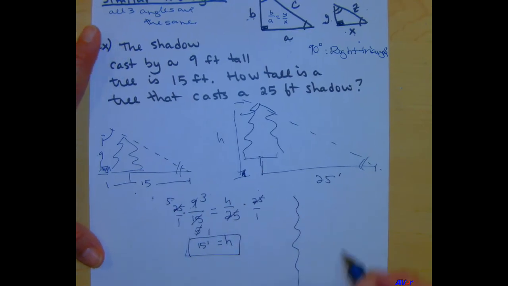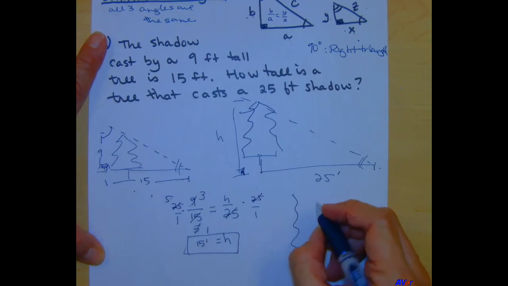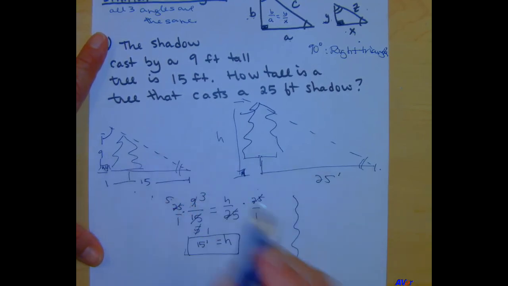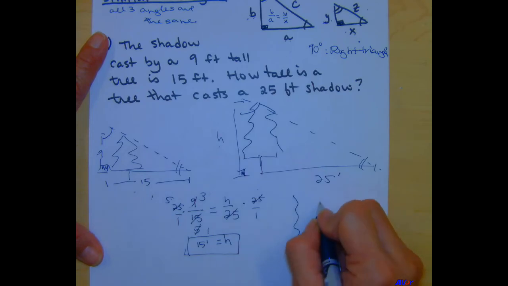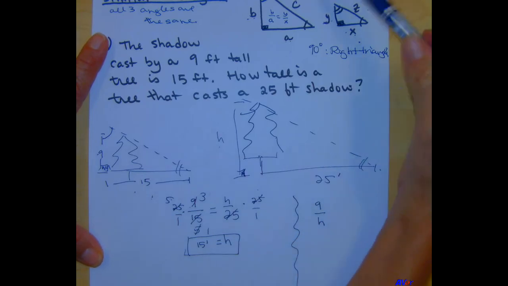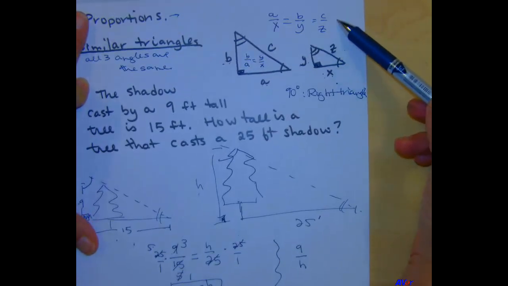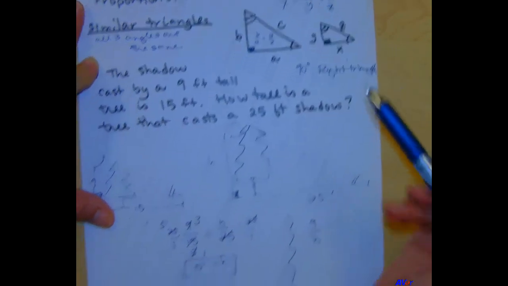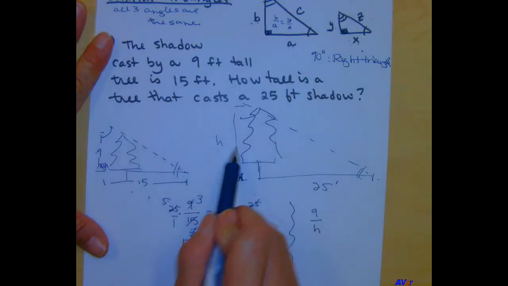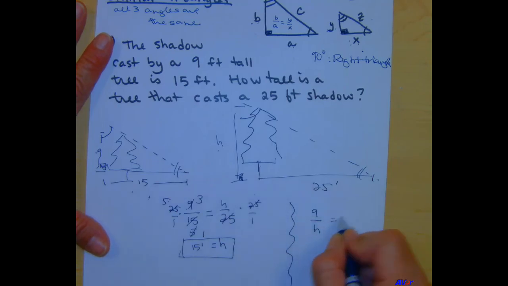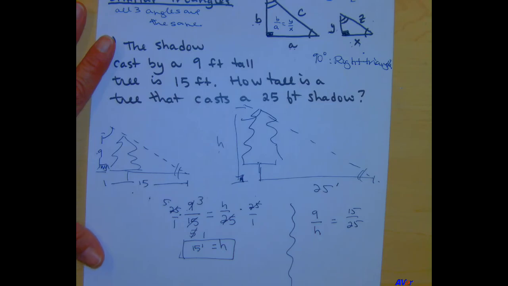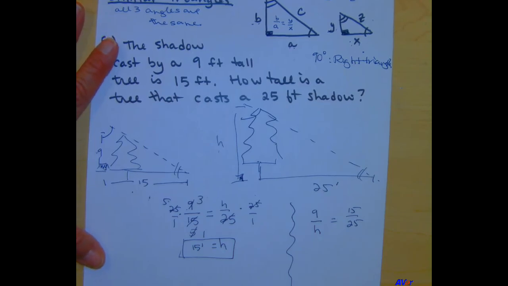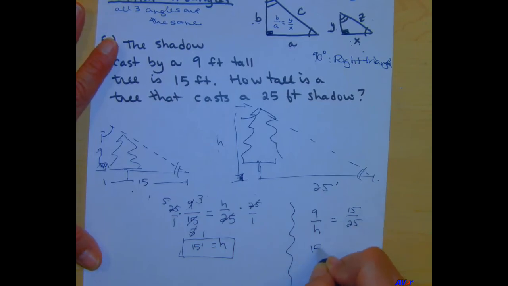Okay, real quick, in case you didn't, oh no, the other way. If you set up your proportion 9 is to h, like I wrote out big up top, if you were following this first pattern at the top, you'd have gone 9 is to h as 15 is to 25. That's totally fine. Same idea. Now we would cross multiply, so I'd get 15h equals 9 times 25.